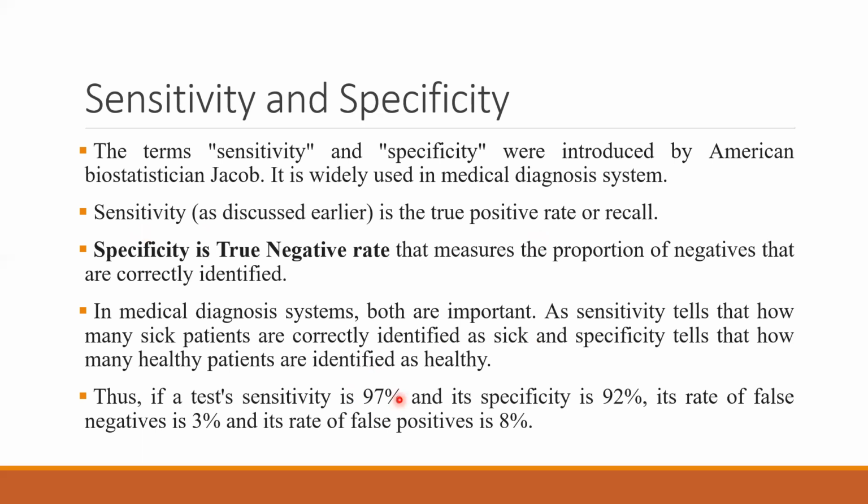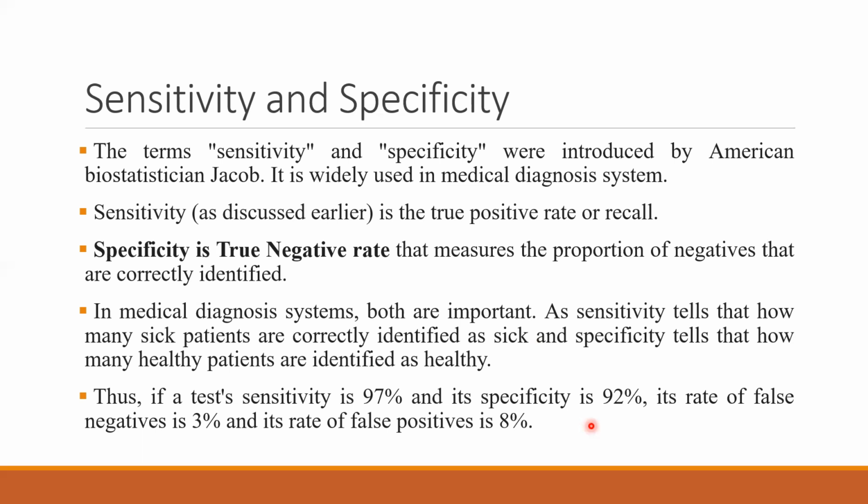It means that if true positive is 97, then false negative is 3%. Similarly, we were saying that true negative rate was the proportion of negatives that were correctly identified. It means that false positives were 8% in this case because true negative was 92.